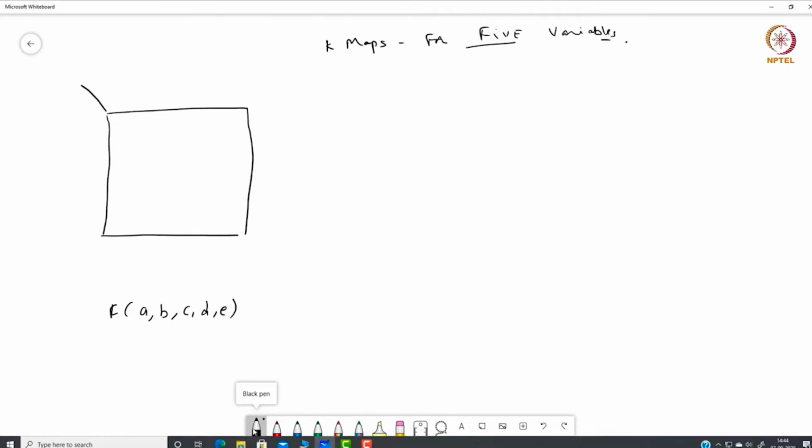One particular option could be that we make A the most significant, and B, C, D, E the lower significant ones. So we take B and C on the top and D and E on the side, and then after that we draw it like a 4 variable K-map.